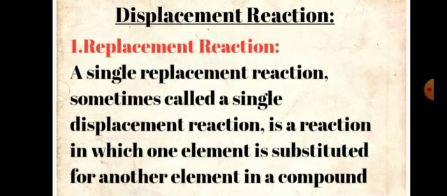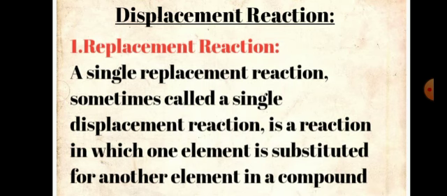Now let us first see what a replacement reaction is. Replacement reaction is nothing but another terminology that we use to refer to displacement reaction. So the definition is the same as displacement reaction: a single replacement reaction, sometimes called a single displacement reaction, is a reaction in which one element is substituted for another element in a compound.